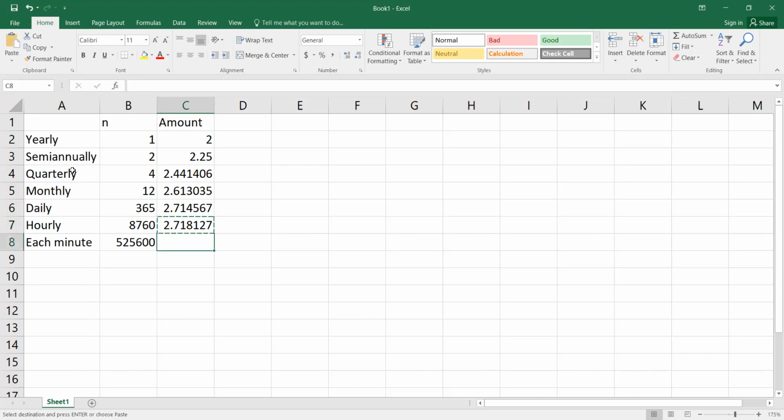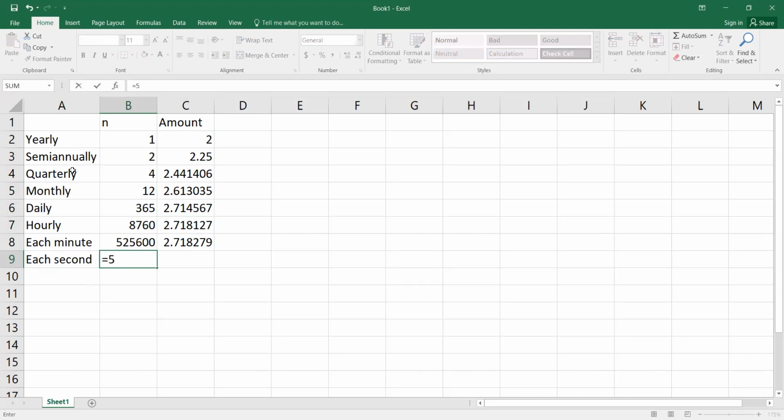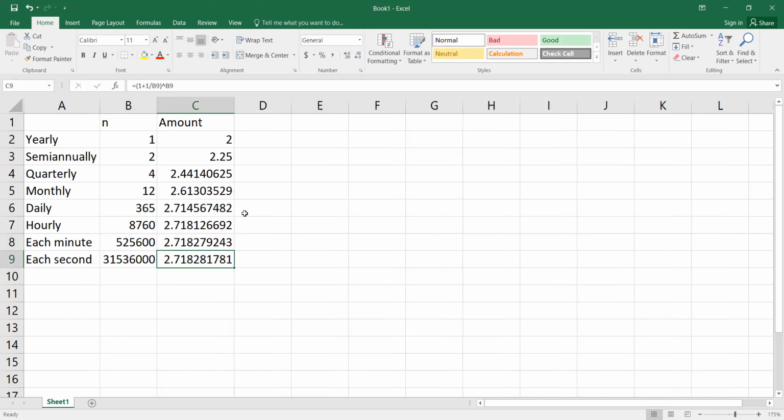And each minute, and let's say we do it each second, there are 60 seconds in a minute. So each second, well, you see where this is going. Actually, it's not going to tend to infinity. It's going to approach a certain number, and that number is the number E.